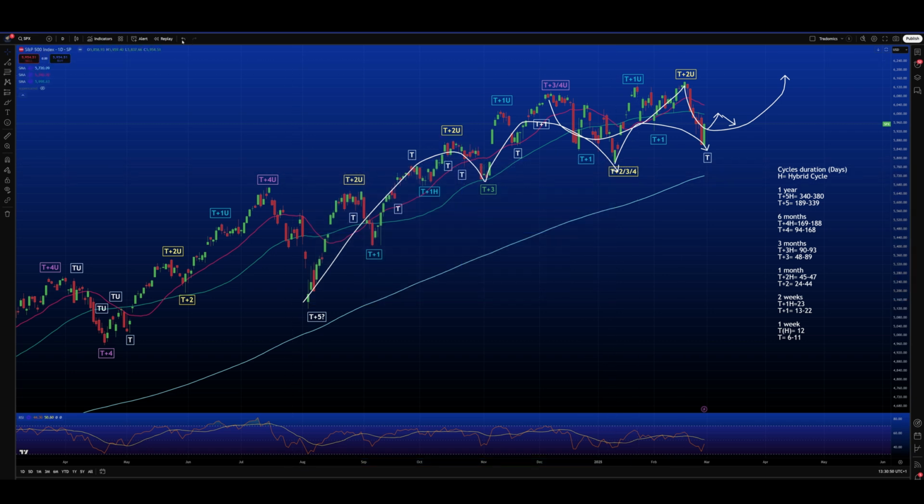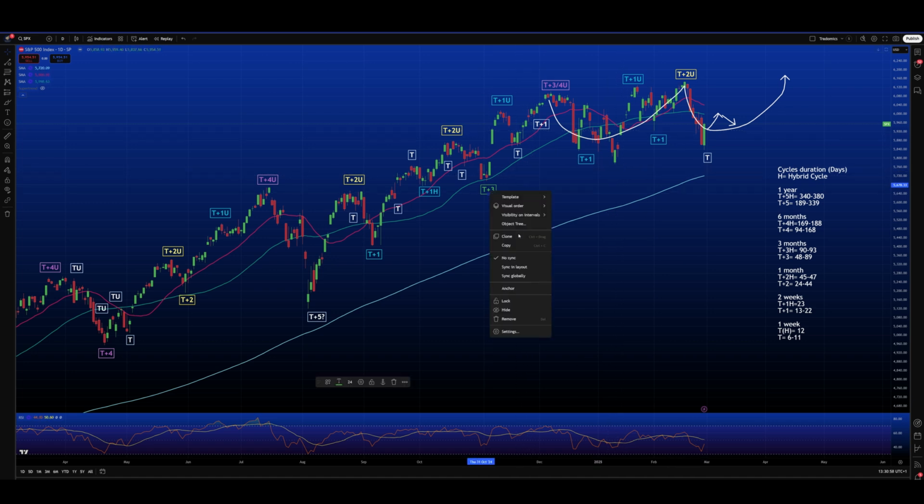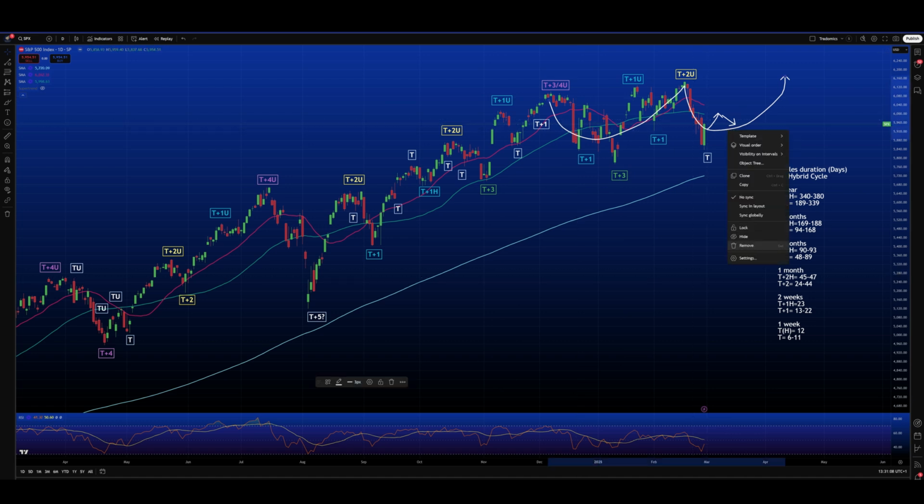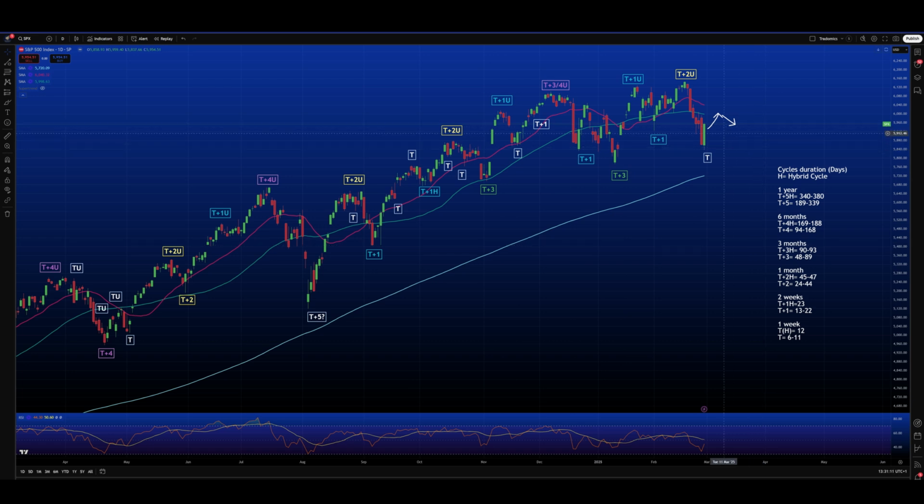Okay, so I'm going to update the chart by saying this is a T plus 3 confirmed, and let's see what information the market will give us, because we have to carefully check this move. Okay, so the checkpoint eventually for further downtrend is this low here, and also this one will be important.